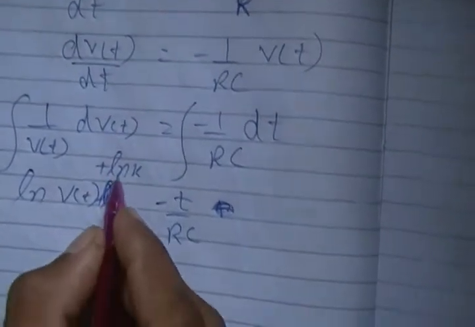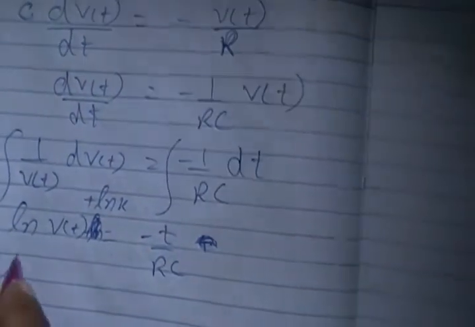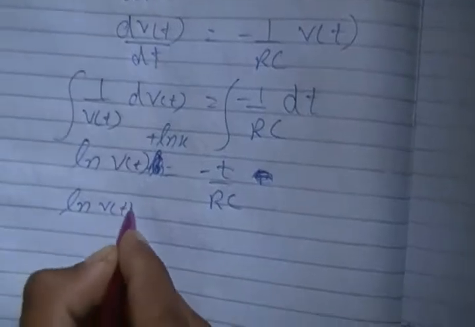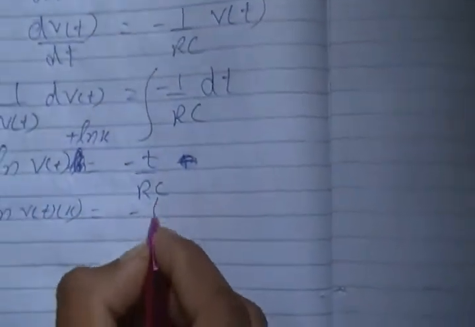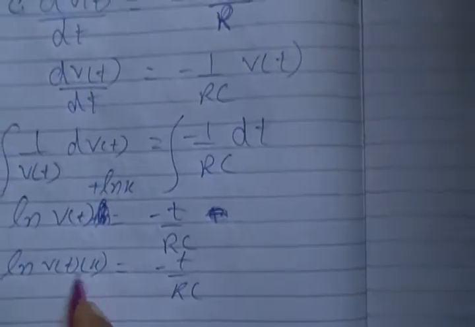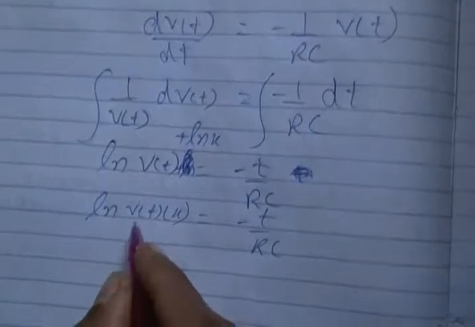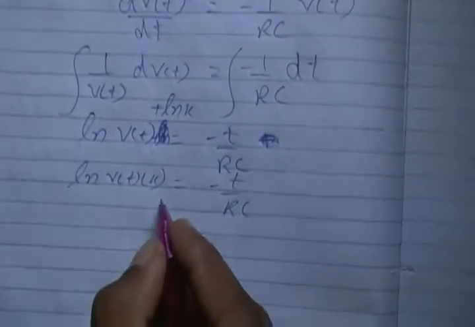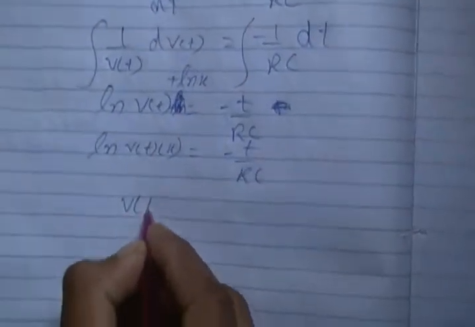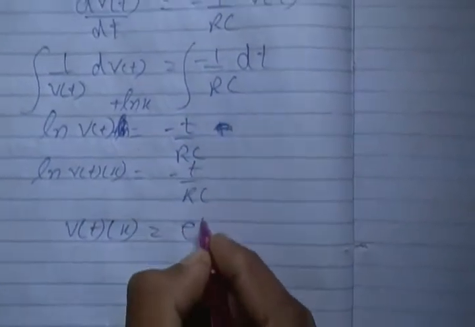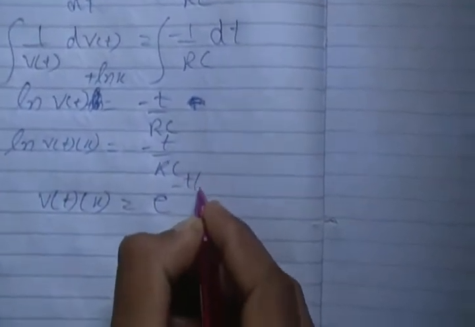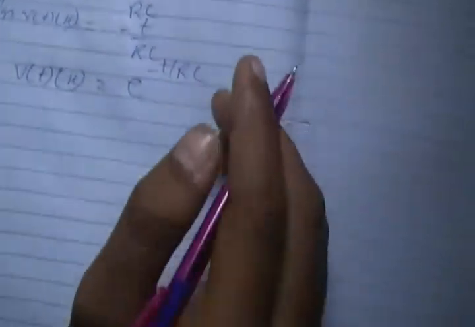So natural log of V of t plus natural log of k is natural log of V of t k. This is the property of natural logarithm, you know that, I think so, minus t over RC. So when we finish this, we can write it as e power of minus t over RC.